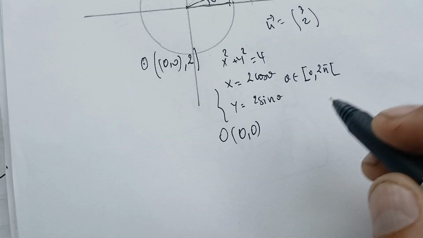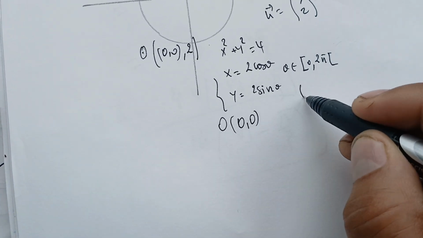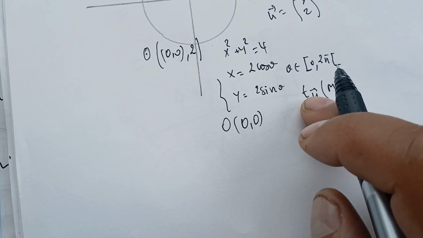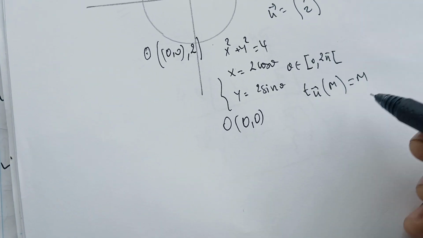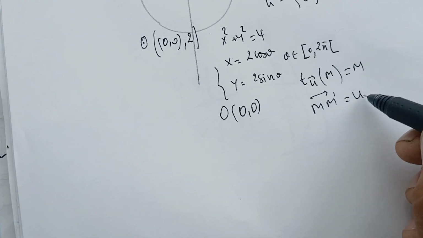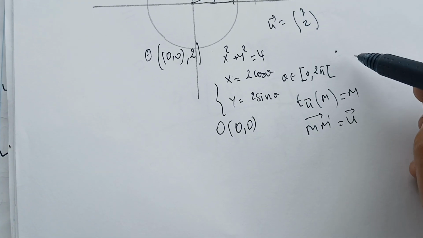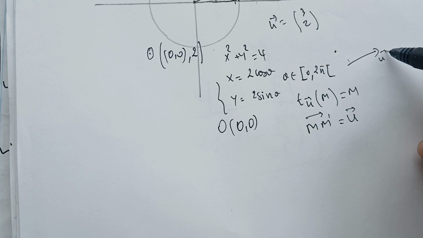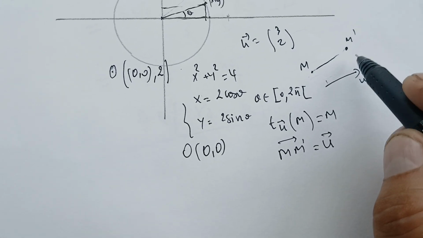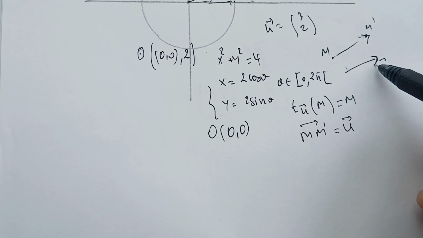So remember that if we have 2 points, M and M prime, we say that M is being translated by u to M prime if and only if the vector MM prime is u. That means if you have an M here and you apply your translation, it will take the M to the M prime, and this vector MM prime would be parallel to u.